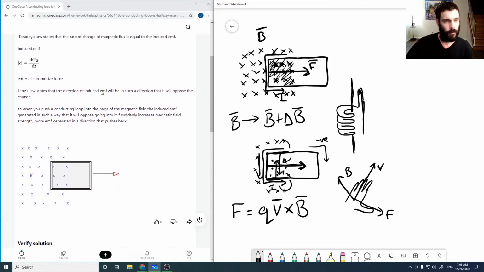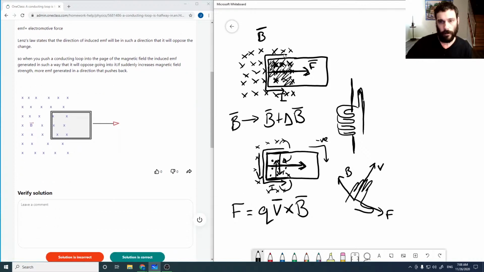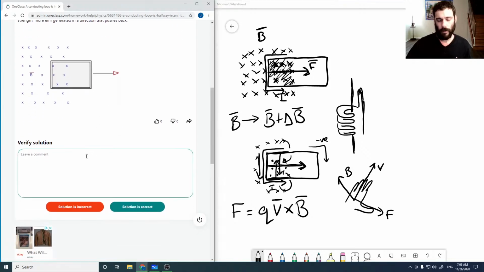And so this doesn't really give the answer. It doesn't say the current, and it has an arrow, but that's, I guess, supposed to be the force, but I'm going to say that the solution is incomplete.